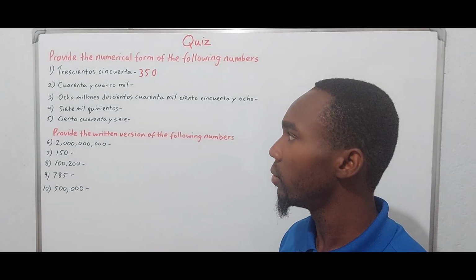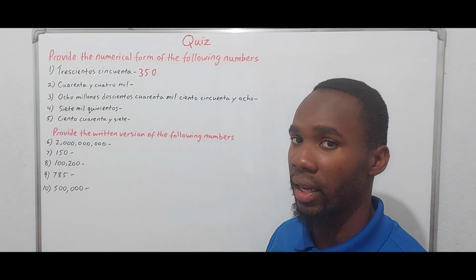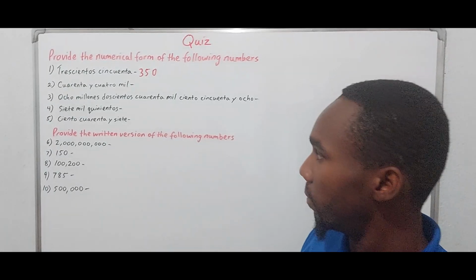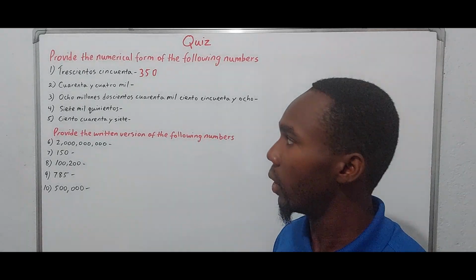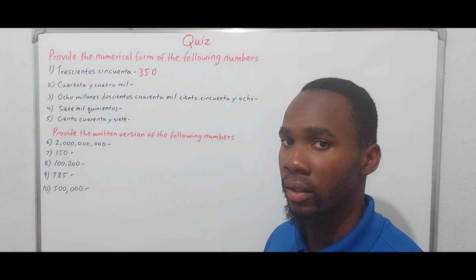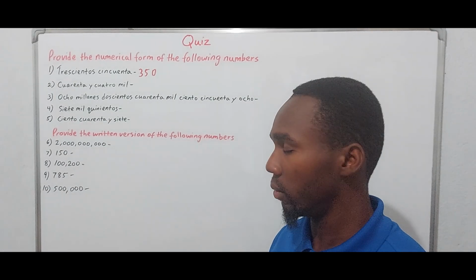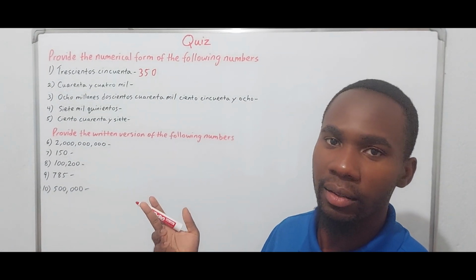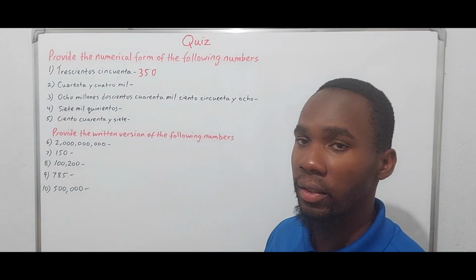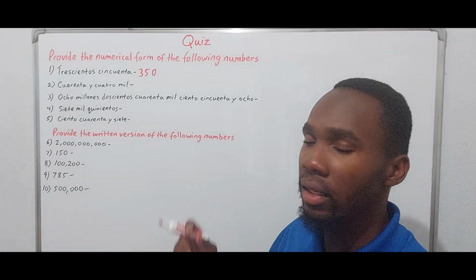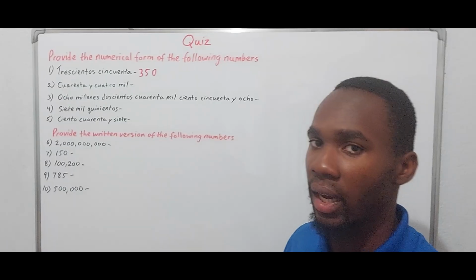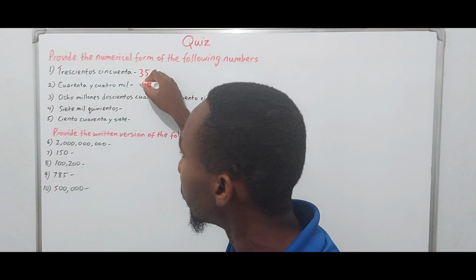Cuarenta y cuatro mil. What is cuarenta? 40 is 40. What is cuatro? I just gave away the answer. Wow. Cuatro is 4. And mil is 1,000. So we have 44,000.